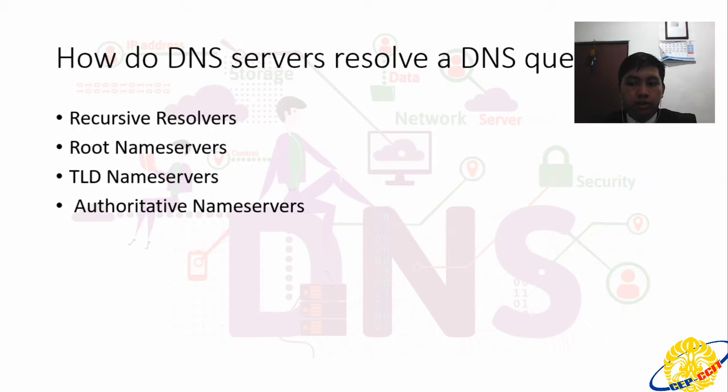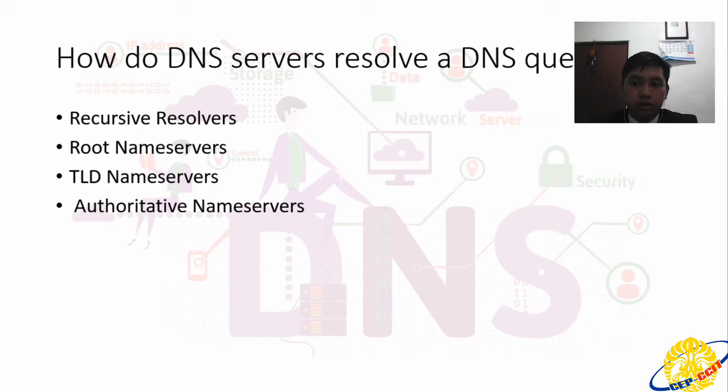The root server then responds to the resolver with the address of the top level domain, or TLD, DNS server, which stores the information for its domain. Second, the resolver queries the TLD server. The TLD server responds with the IP address of the domain's authoritative name server.